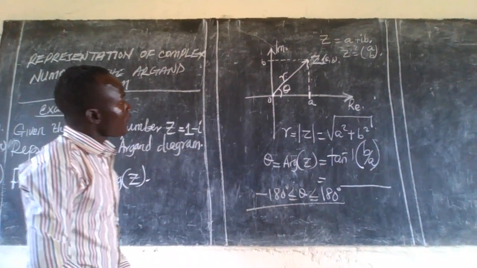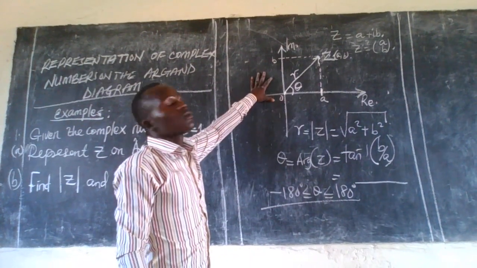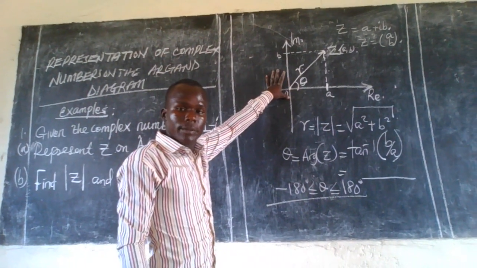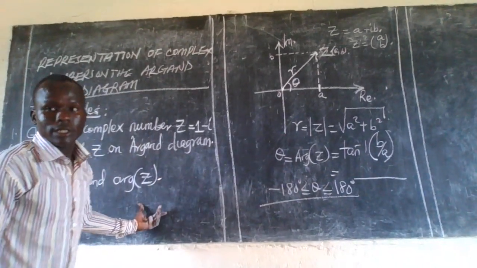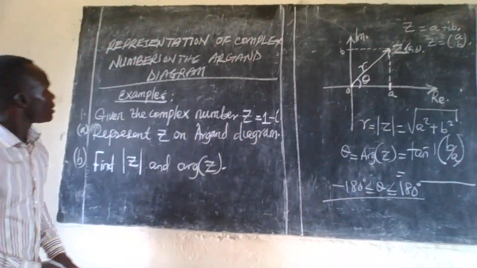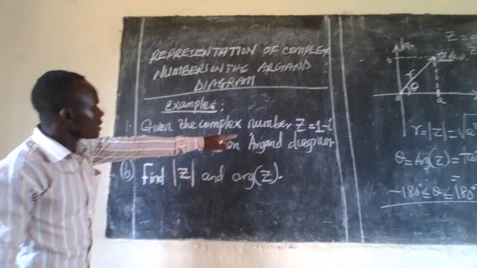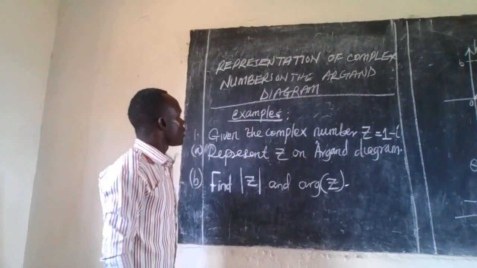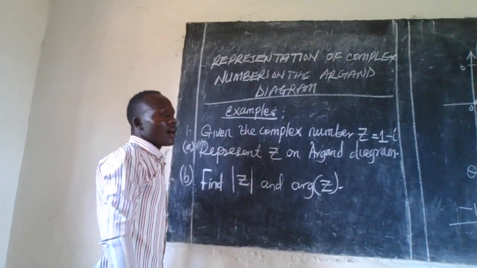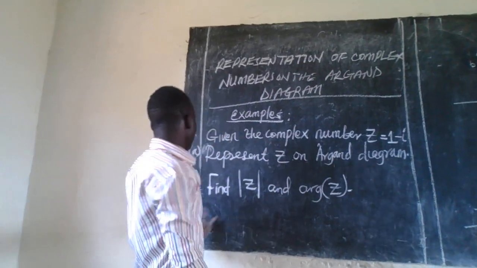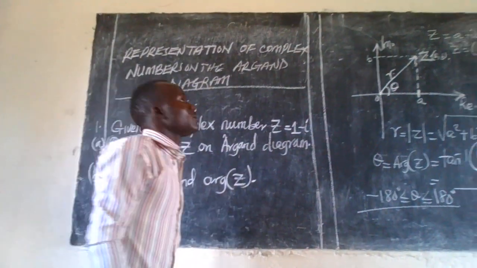Having this knowledge in mind, this is what we call the Argand diagram, and we can now solve this question. The question is saying, given that the complex number z is given by 1 minus i, represent z on the Argand diagram. Then find the modulus of z and arg z, the argument of z.